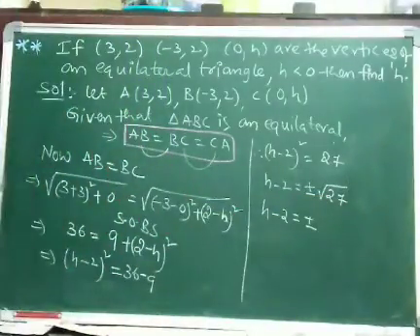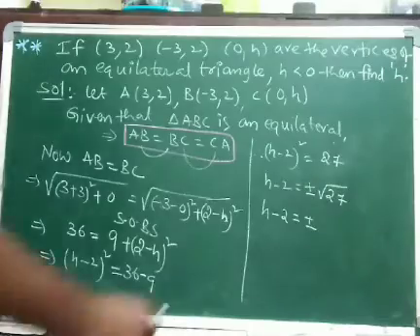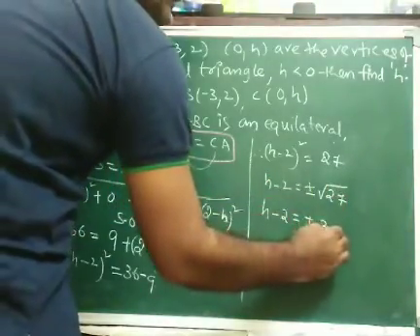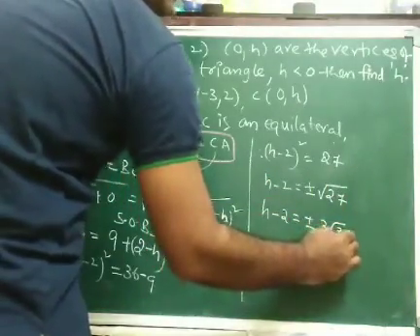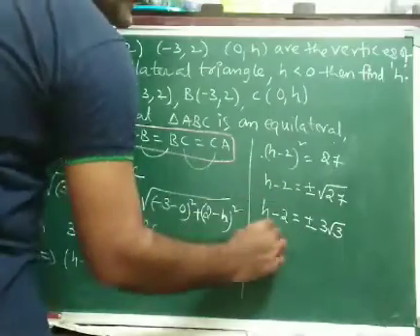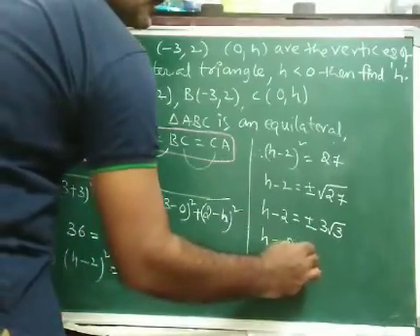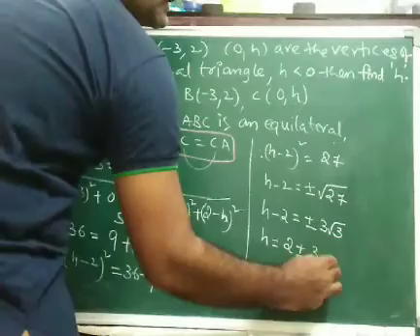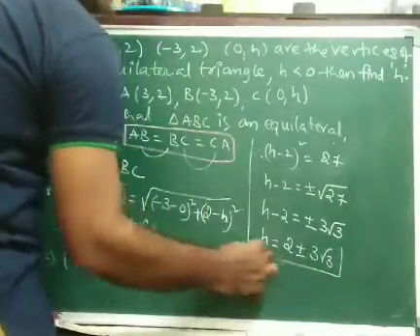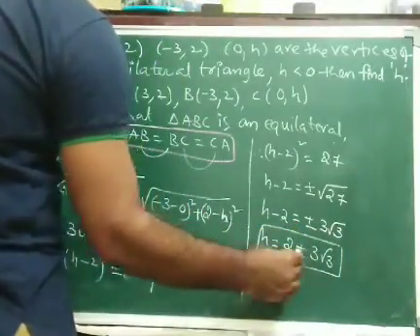I can write it as 9 into 3, and root 9 value is 3, into root 3. And minus 2, if you send that side, h is equal to 2 plus or minus 3 root 3. Actually, this is the value of h.